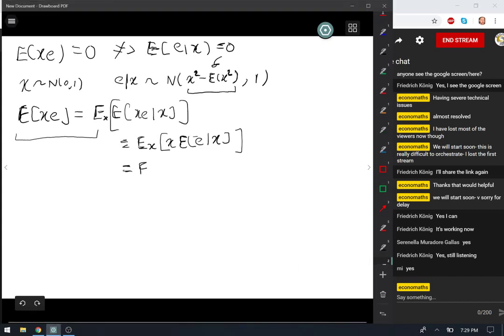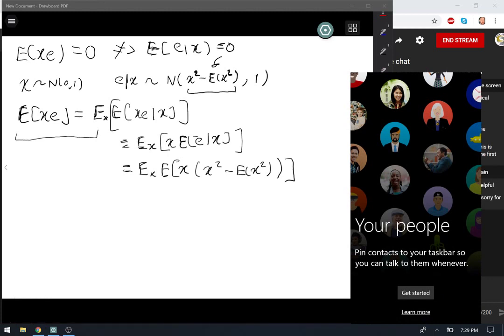And we'll get E of x times this, so x times x squared minus the mean of x squared. This was in the solution. One of you asked this in the class, which is a very good question: we want to scale this, subtracting this off so that it has unconditional mean 0.